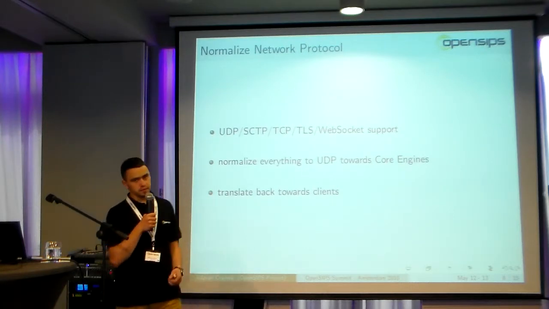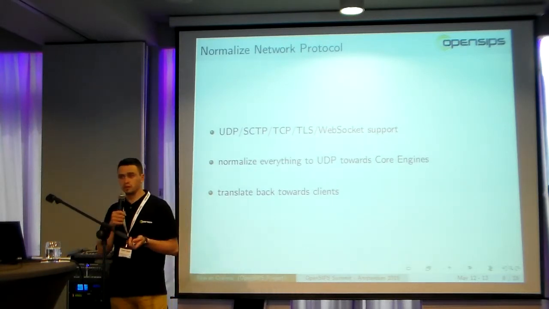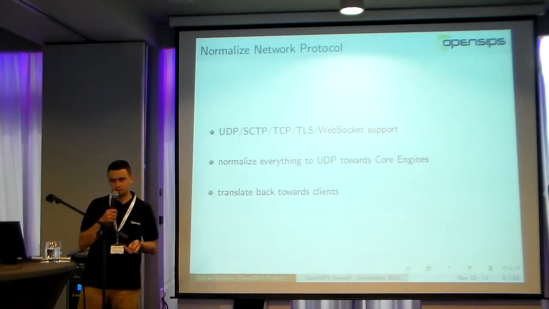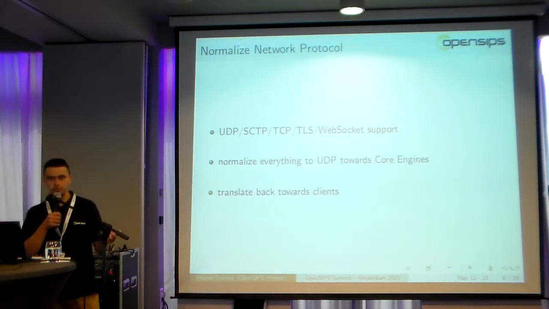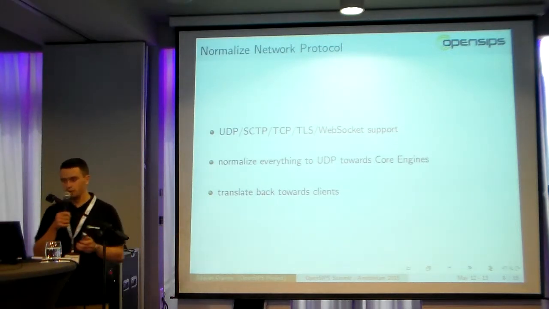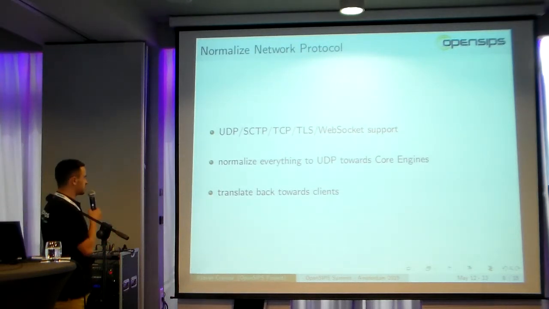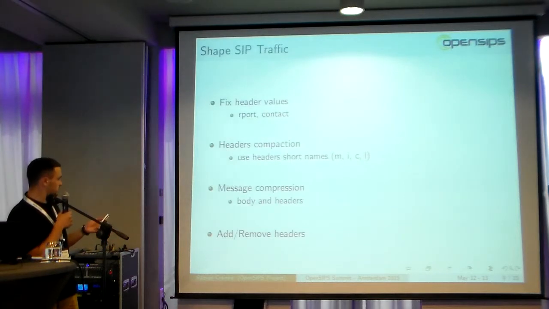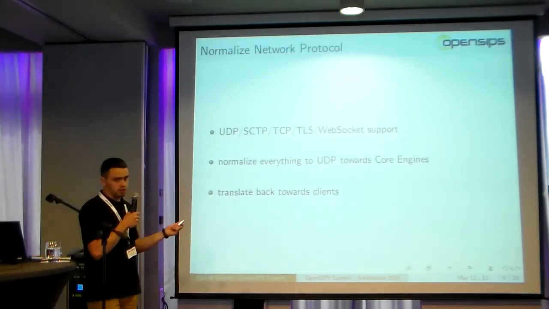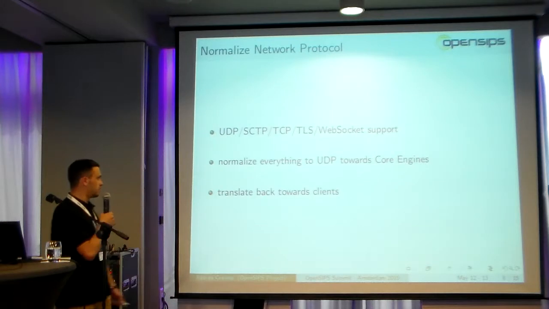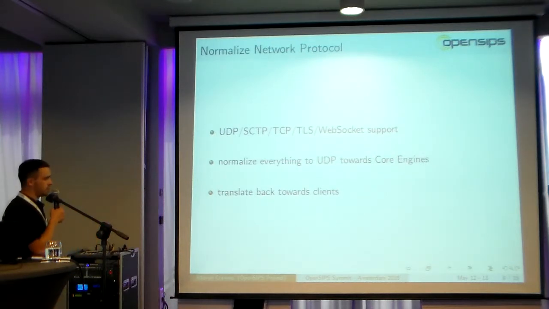And probably the customers want to use any of them, so your platform doesn't allow you to impose on your customers what they should use. An edge proxy would be wonderful if it could normalize everything to UDP and pass it along to the core engines.